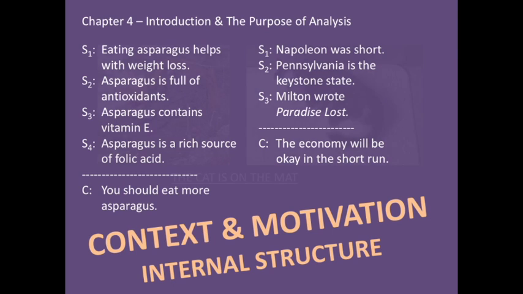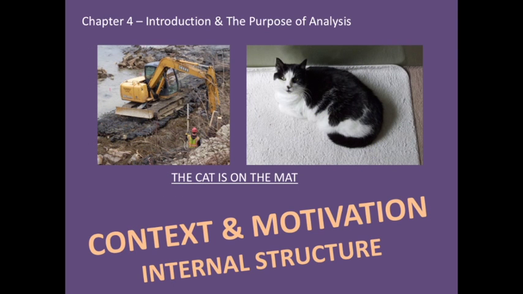So take a simple sentence like, "The cat is on the mat." Depending on the context, that one sentence, the exact same words, could mean two radically different things. And so in order to understand a statement, you have to go beyond the dictionary definition to understand the context.